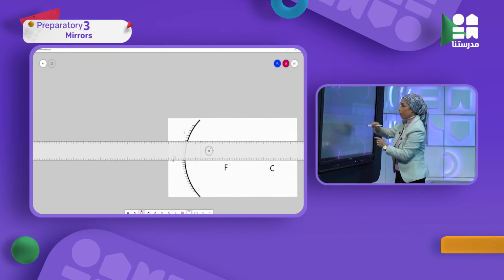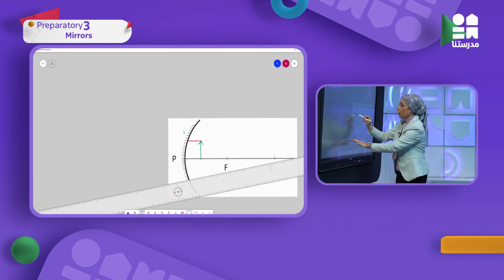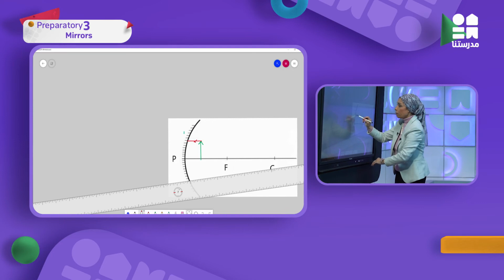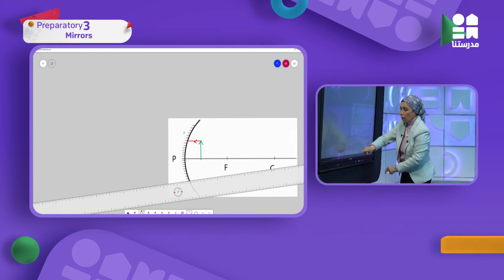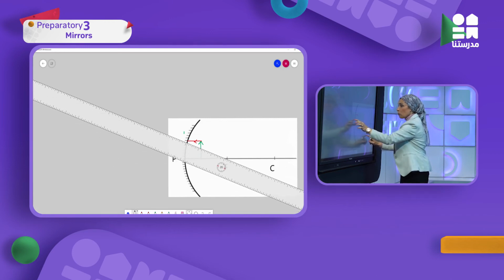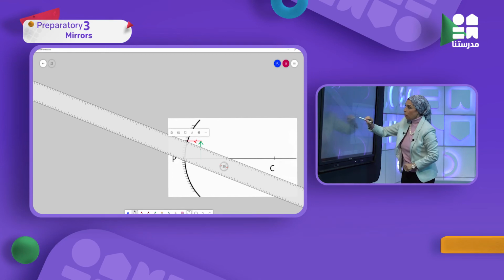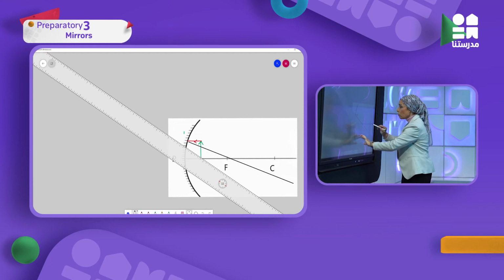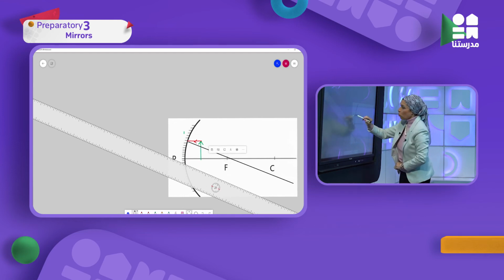Here the first ray is parallel to the axis. Then it will reflect passing by the focus, but you have to start it from the reflecting surface.